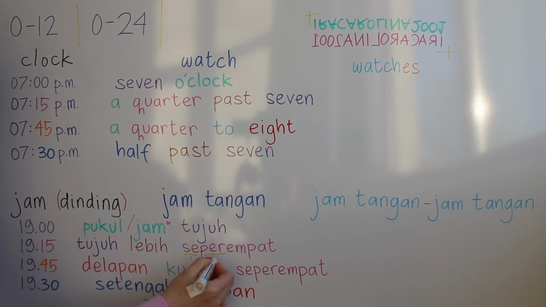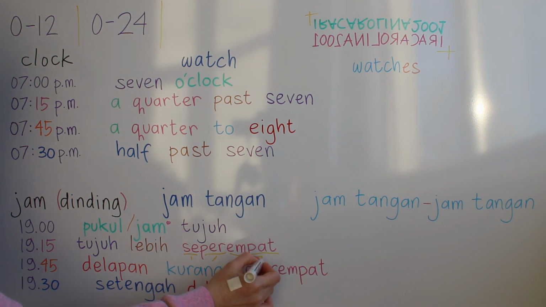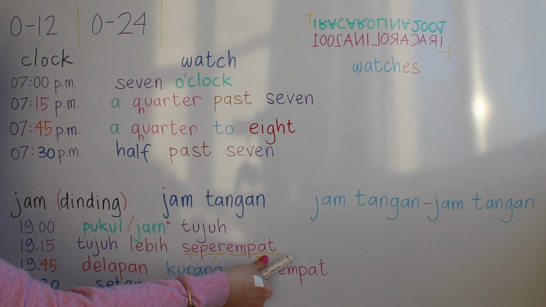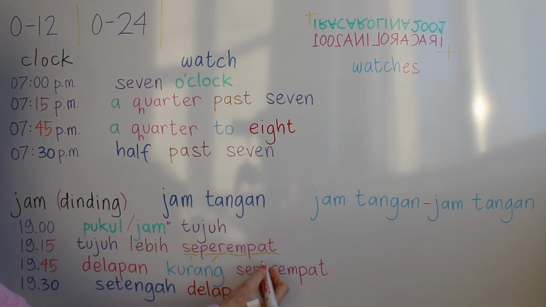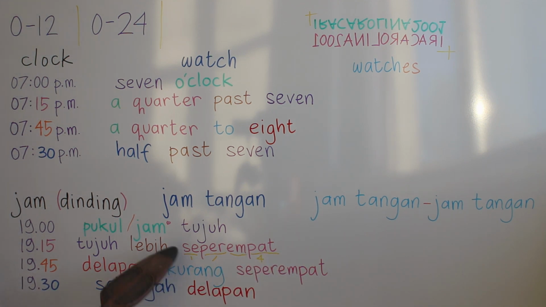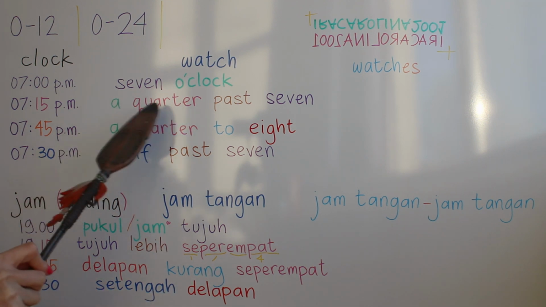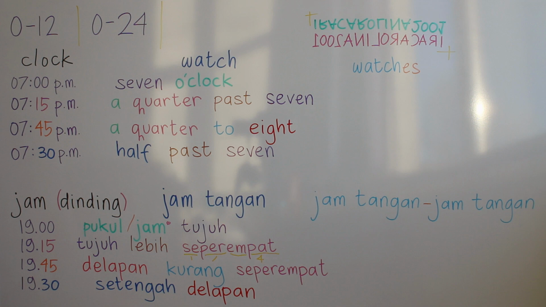Per, per. 4, 1/4. A quarter. Seperempat. One word. A quarter past 7. 7 lebih seperempat.